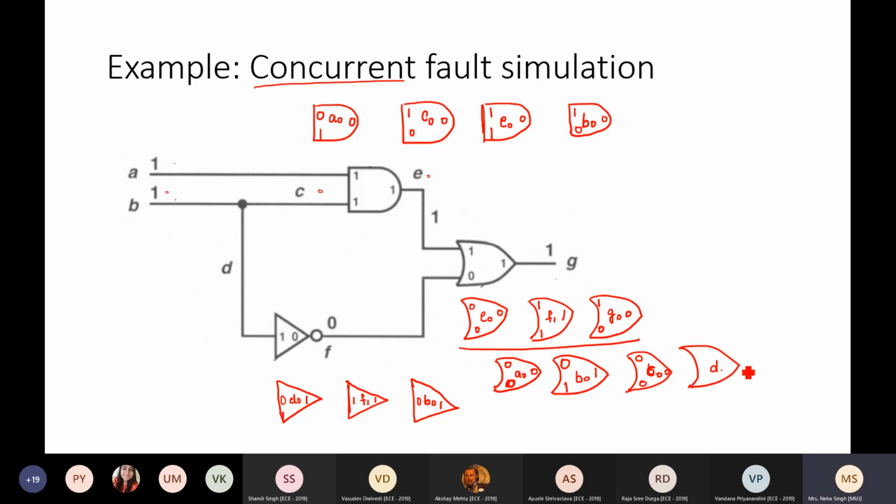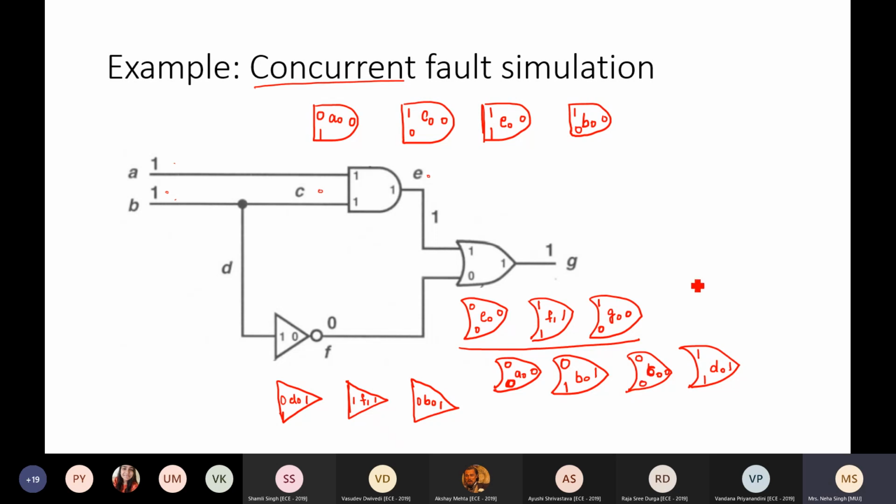D की actual value is 1, so D stuck at 0. What will be the input of the OR gate if D is stuck at 0? E का value तो as it is. D becomes 0 तो F equal to 1 हो गया. So the input of this OR gate is 1. So 1 1, 1 1 के लिए output should be 1.